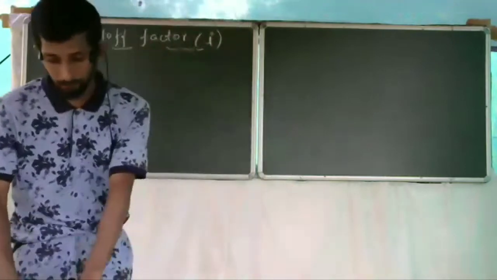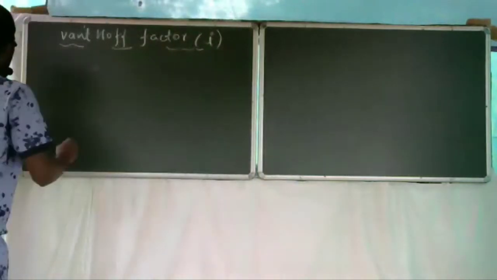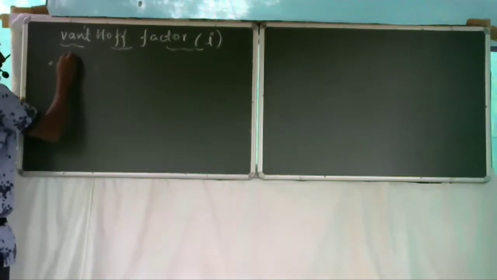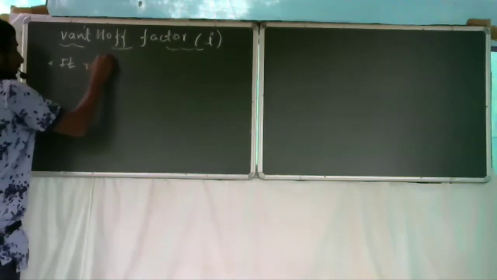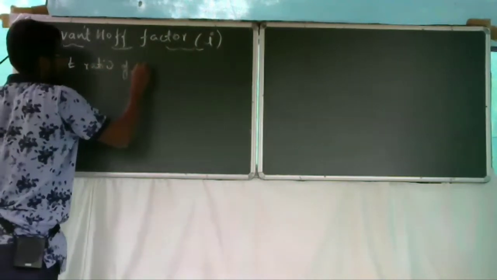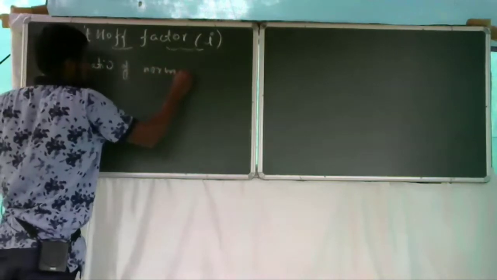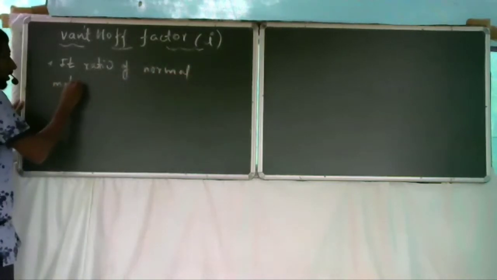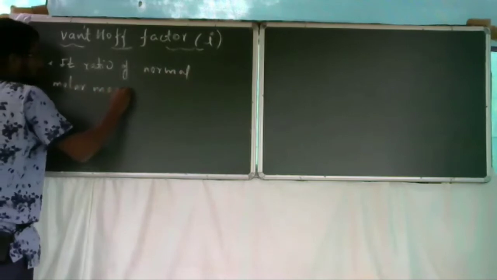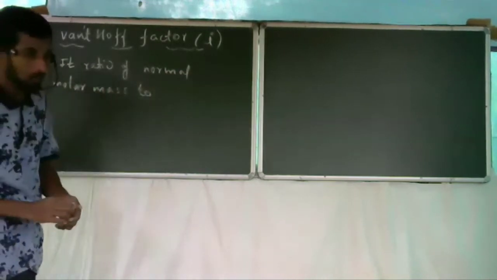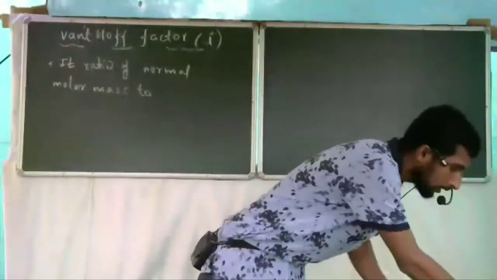Okay, then it is the ratio of normal molar mass to abnormal molar mass.